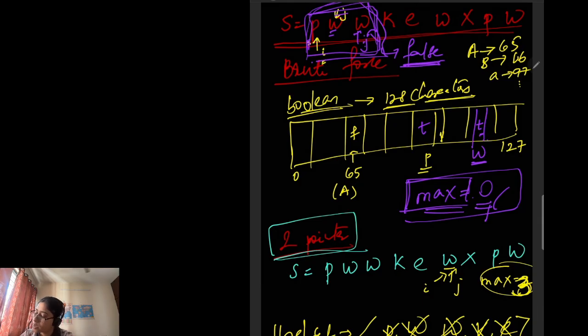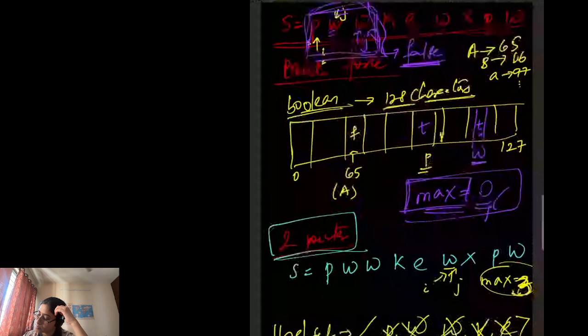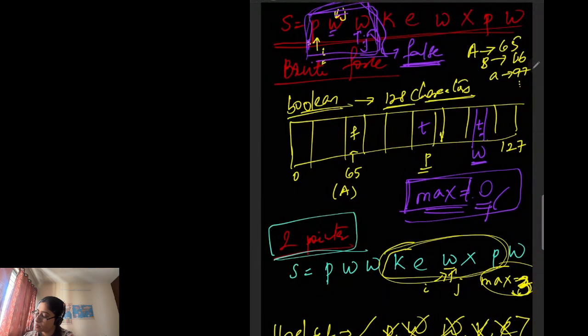Now what we will do is K, E, W, X, P. If you see here, this would be the longest substring because there are no repeating characters.